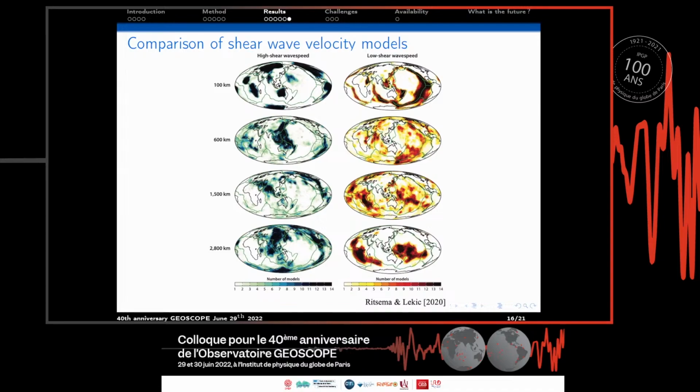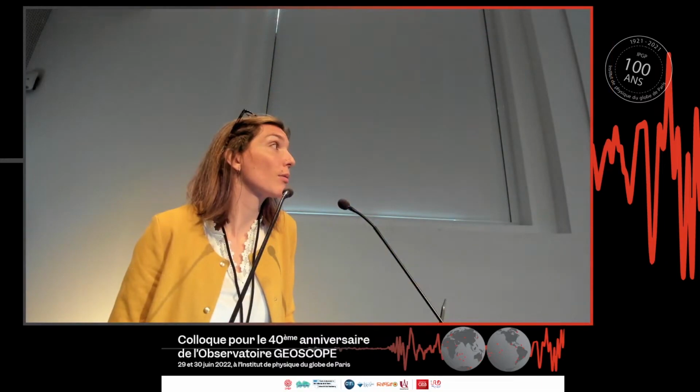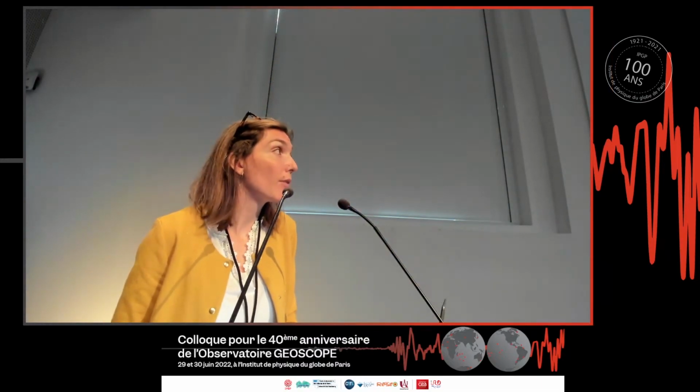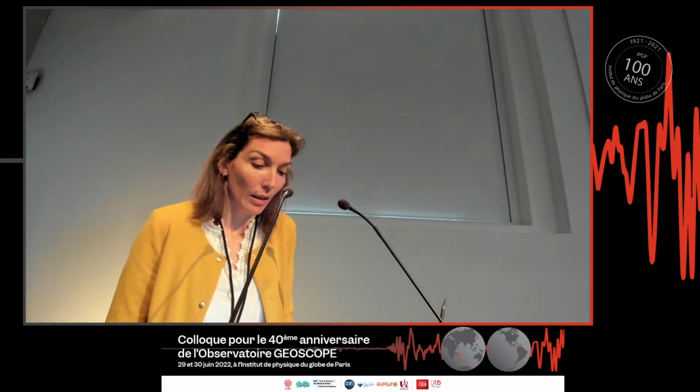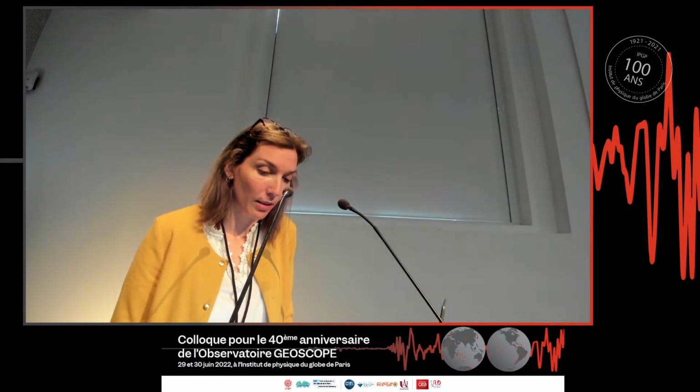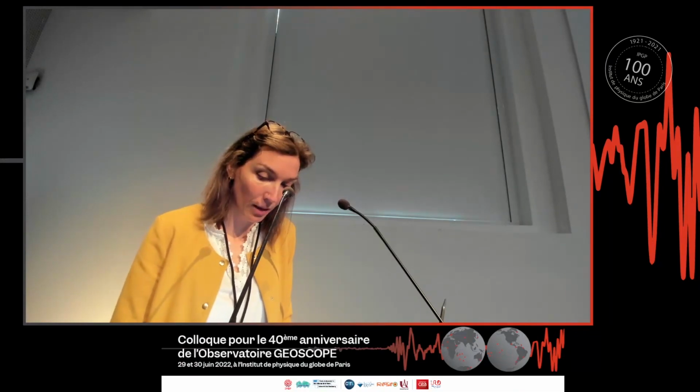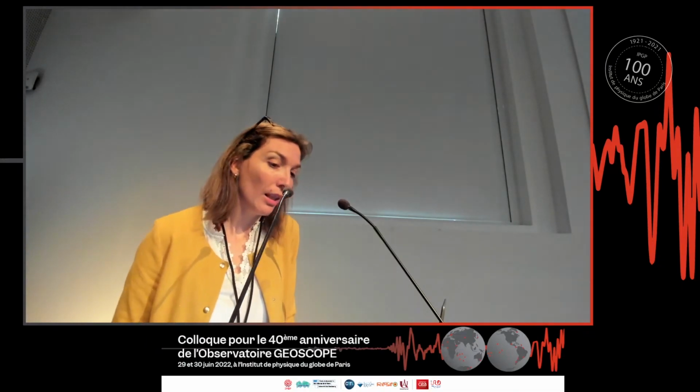So I have here focused only on the shear velocity tomographic models. Of course, there are also models in P velocities that have also improved a lot through time and have reached a similar resolution, but I don't have a figure for the comparison. So this improvement has been really impressive.